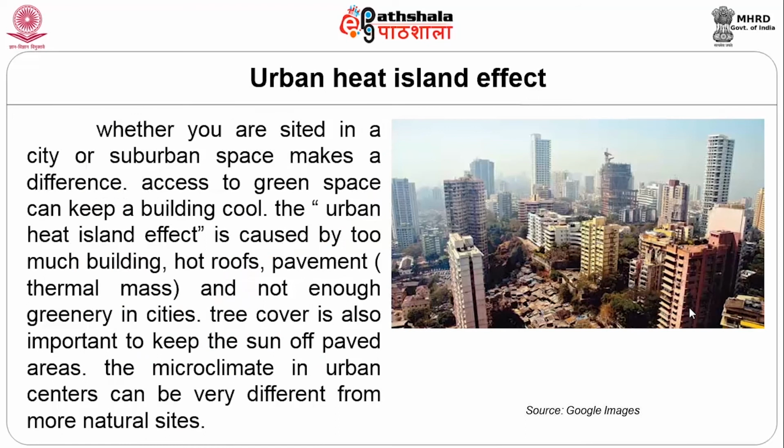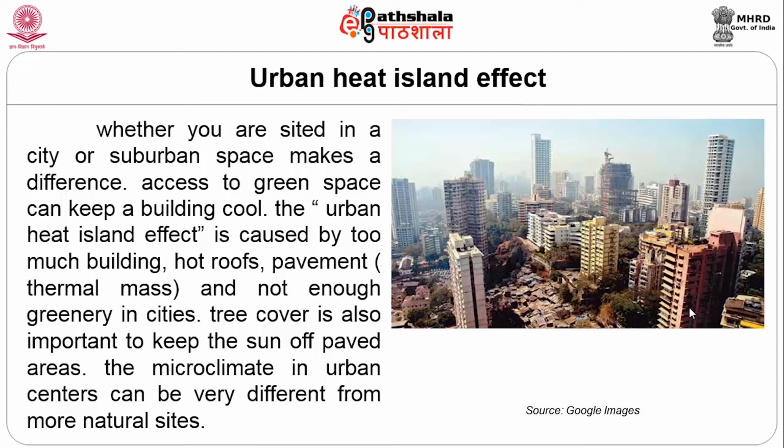Now, how does the urban heat island effect actually affect us? You can see this happening in places in Bombay, where the CBD is a special area with taller buildings, concrete buildings, and hardly any greenery. So whether you're sited in a city or any suburban space, it makes a huge difference, because access to green space can keep the building cool.